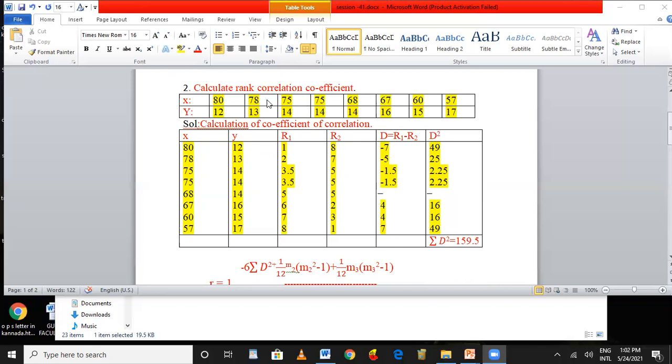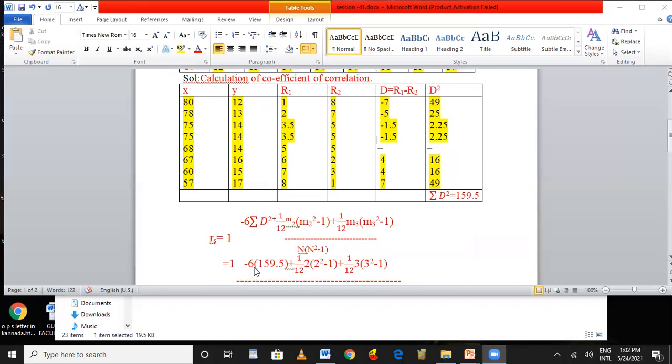Then the ranks repeated are 75 two times and 14 three times. We have to adjust or modify the formula, that is 1 minus 6 sigma d square divided by n cube minus n, with 1 by 12 m cube minus m. That is the formula you have to use.